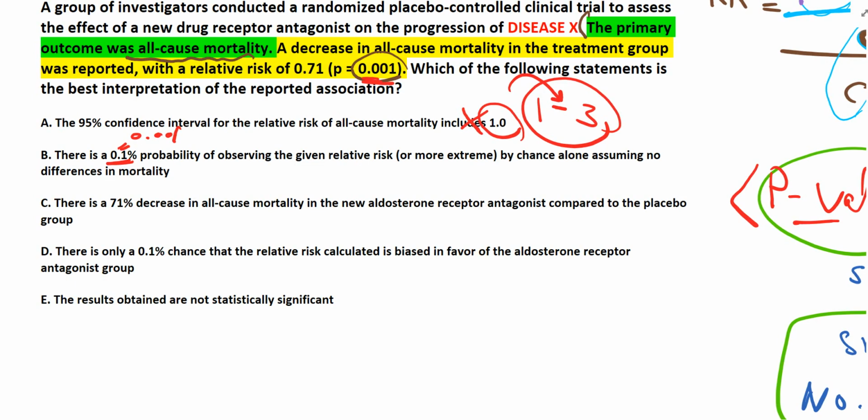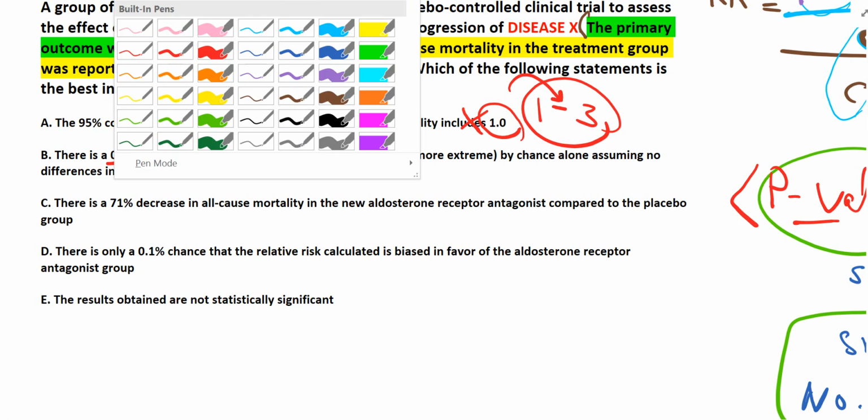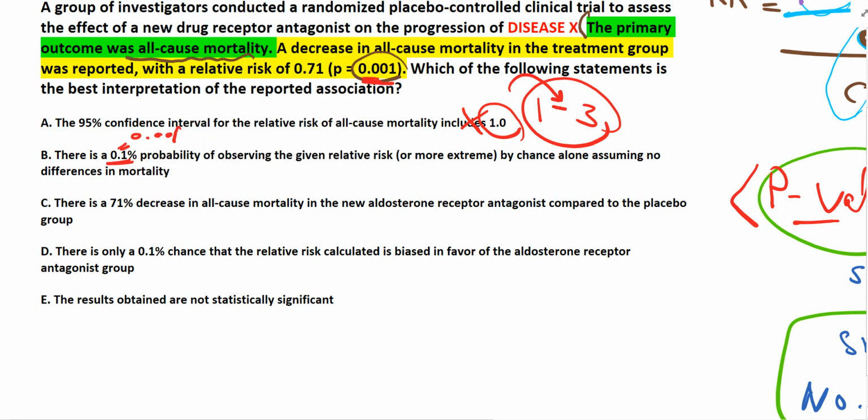So here in choice B, 0.1 percentage means this number. Saying probability means p-value. This is the p-value of the given relative risk by chance alone.